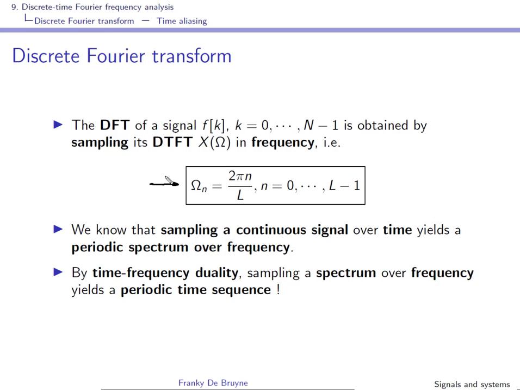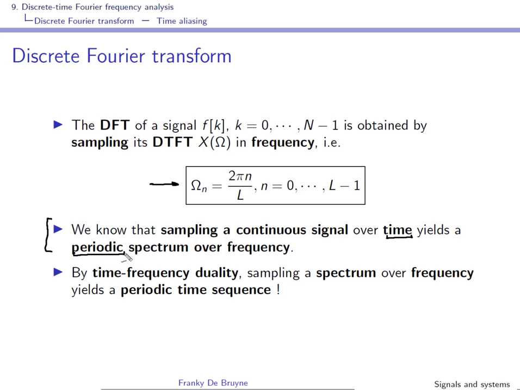Remember, and this is covered by the section dedicated to the sampling theorem, that if we sample a continuous signal over time, what will happen in the frequency domain is that the spectrum becomes periodic.